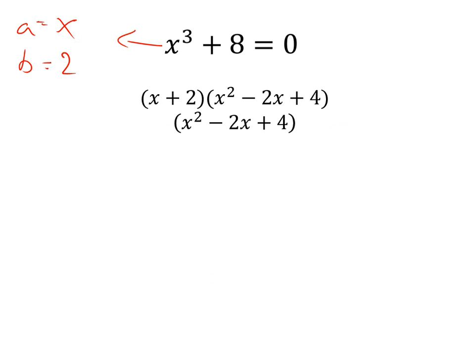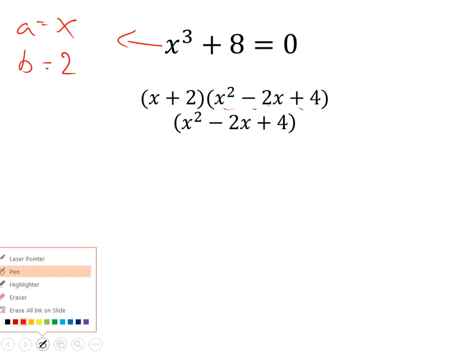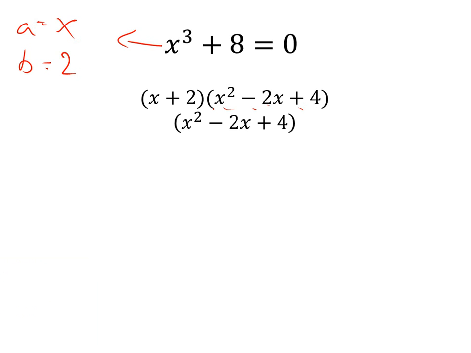And now from there, if we want to find the zeros, so we want to find what x is, we still have to break apart the second one. And so by breaking apart the second one, what we're going to do is look, okay, what two numbers multiplied together give us 4, added together gets you a negative 2. And if you can't think of any, that's when you're going to use your quadratic formula.